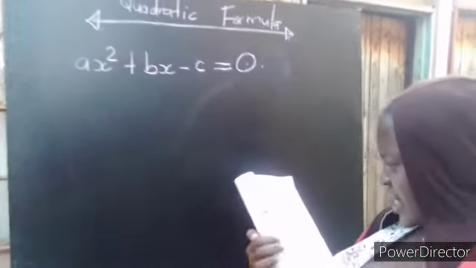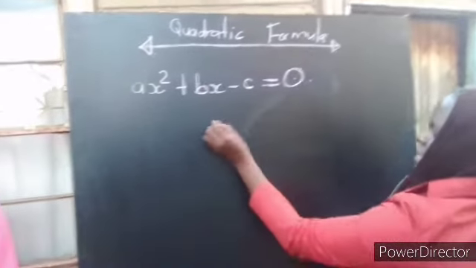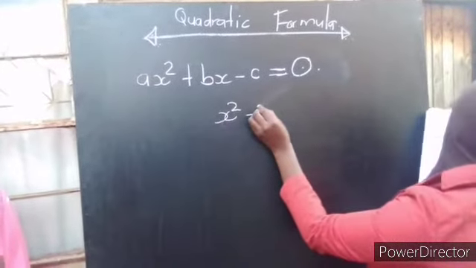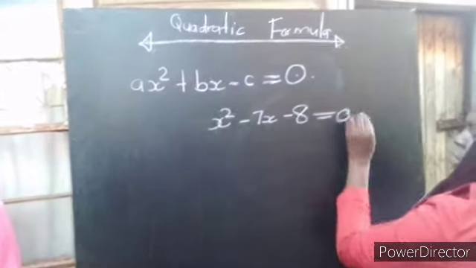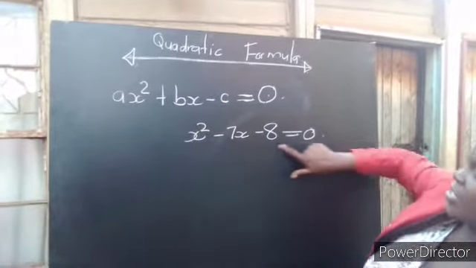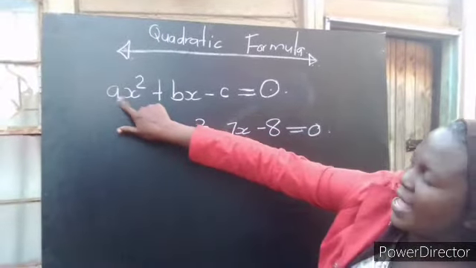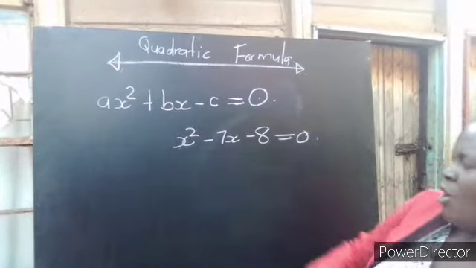So let's say for example we have an equation x squared minus 7x minus 8 is equal to 0. The first step is to determine whether this equation is in the form of ax squared plus bx minus c, right?